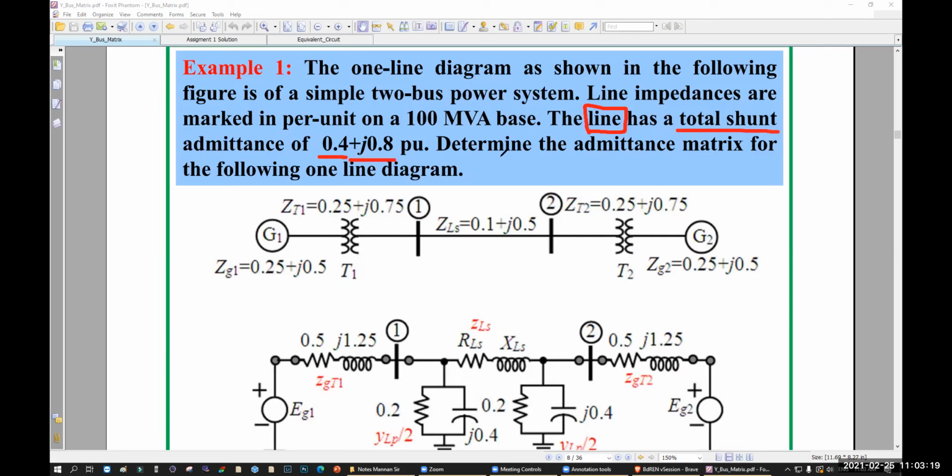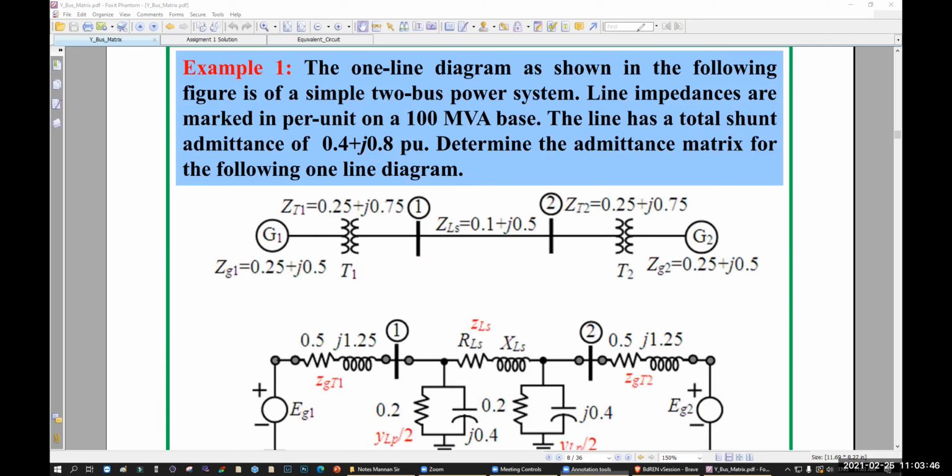Determine the admittance matrix, that means the Y bus matrix. How many buses do you have? You have two buses, and these are all per unit values, so you do not have to convert them to per unit.